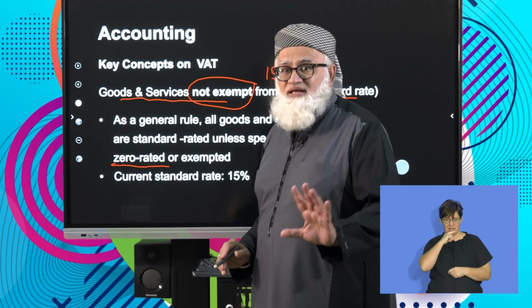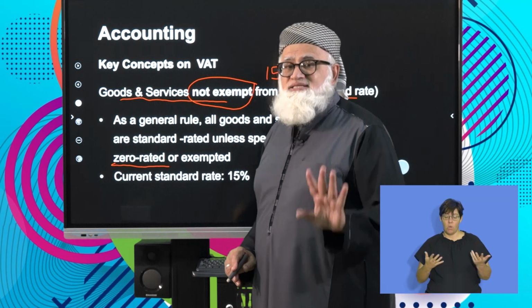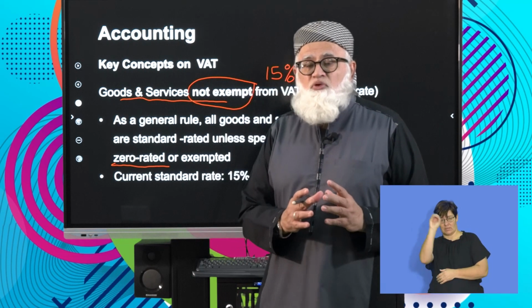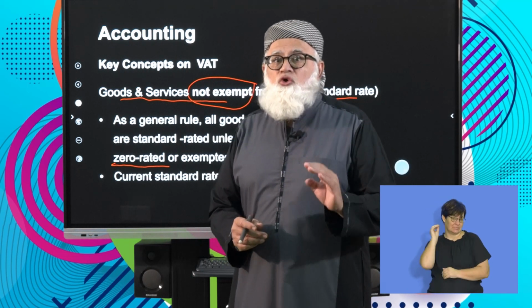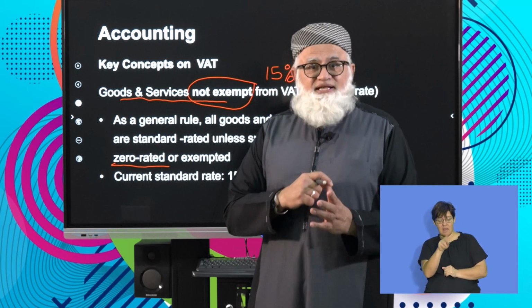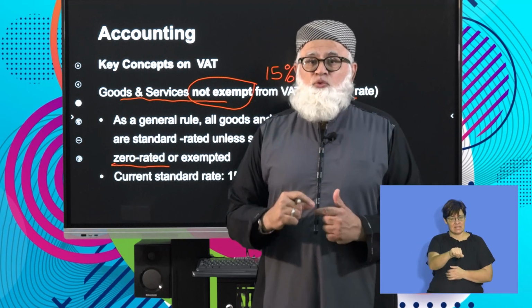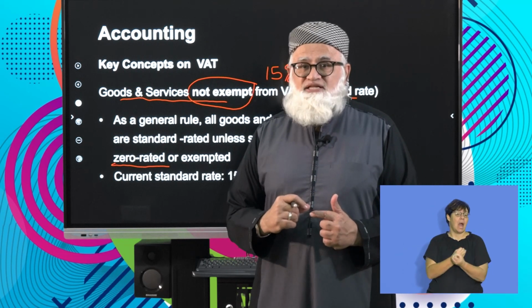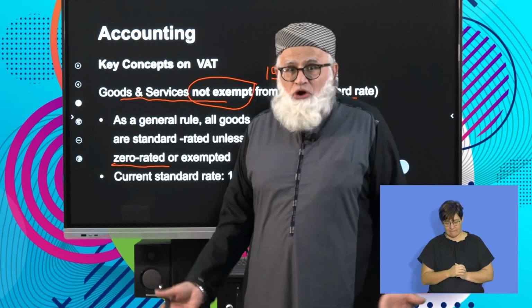I think this is important for you to remember: zero rated means that the item has VAT attached to it, but the rate at which it is being charged on that item is 0%. In other words, no VAT.